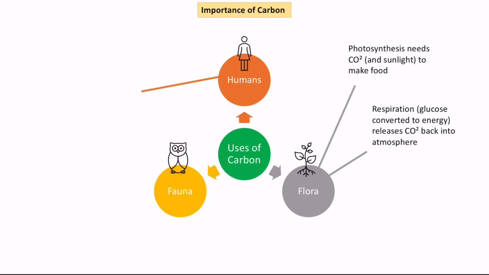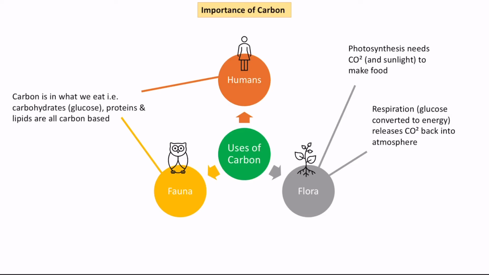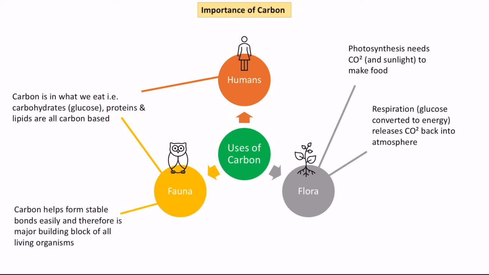Carbon is also important for humans and animals. Carbon is basically part of a lot of what humans and animals would eat. It's in the form of carbohydrates, proteins and lipids, which are all carbon based. But not only that, they also make up, and I put it on fauna here, but it can apply for humans, carbon is the building block for life.